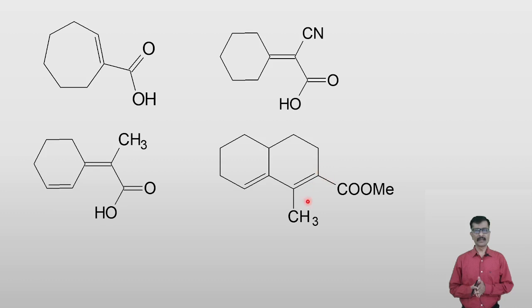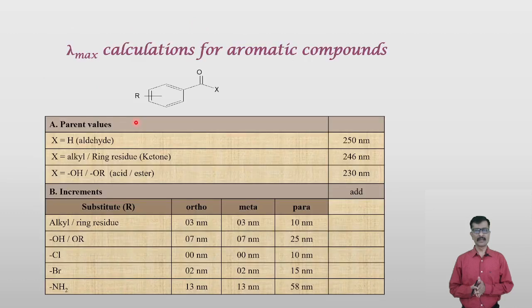So it is alpha, beta, beta tri-substituted. In addition to this, there is 1 double bond extending conjugation. Again, if you look at this double bond, it is exocyclic to ring A. So there is 1 exocyclic double bond. This is how the calculations could be done for this.